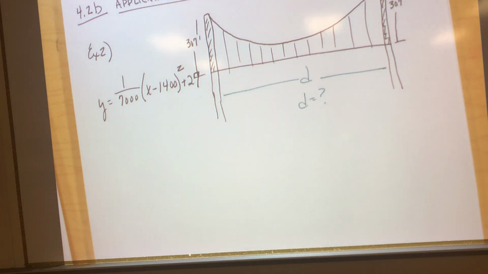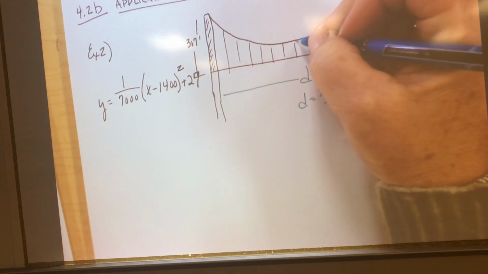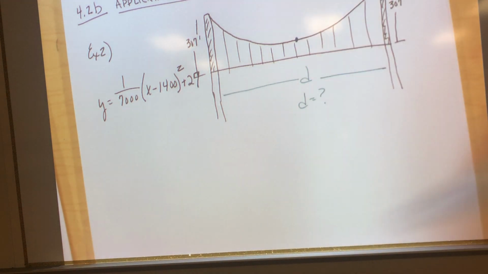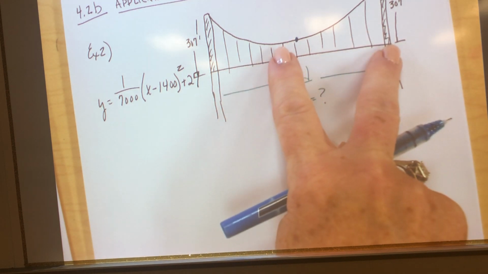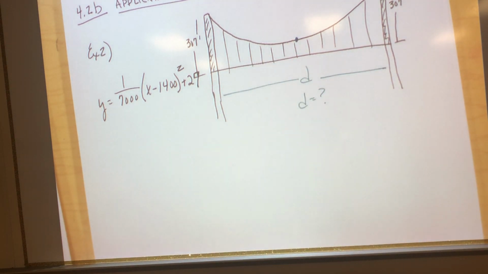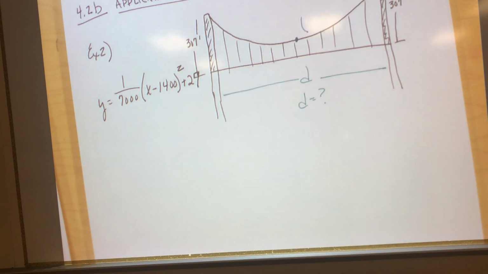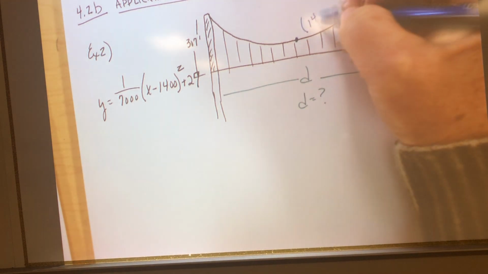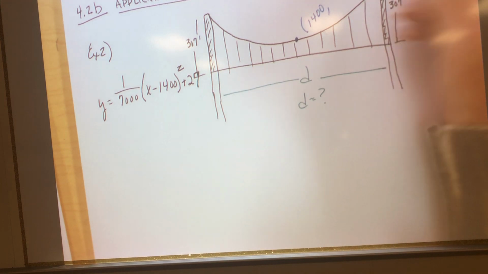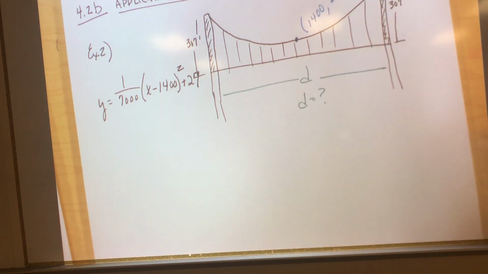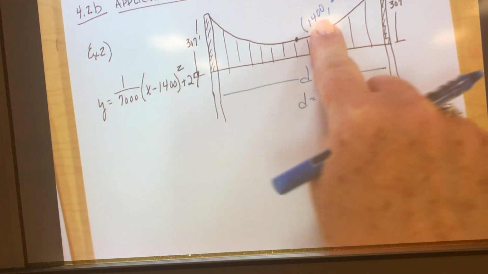So the vertex is the midpoint. Oh, so my vertex right there is going to be the midpoint halfway between these two things. Do you agree? What is the vertex? 1,400 and 27. Okay, so what does this 1,400 represent?